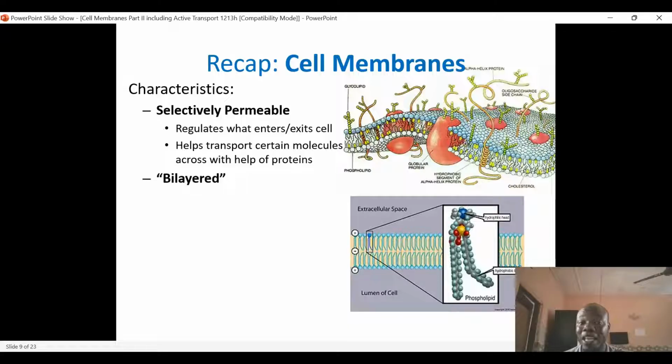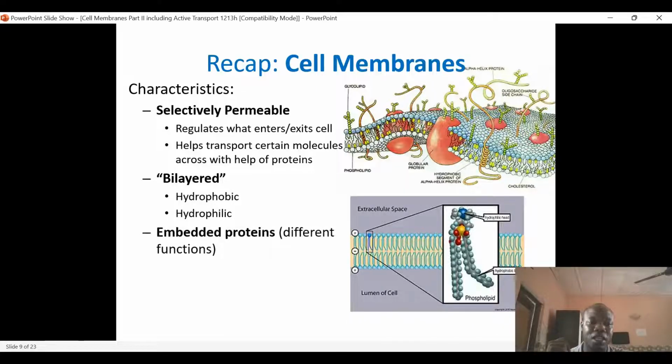And it is a bilayer. It has two layers. And these layers can be hydrophobic and hydrophilic. And there are embedded proteins. And these embedded proteins have different functions. These different functions of the proteins include cell identification.